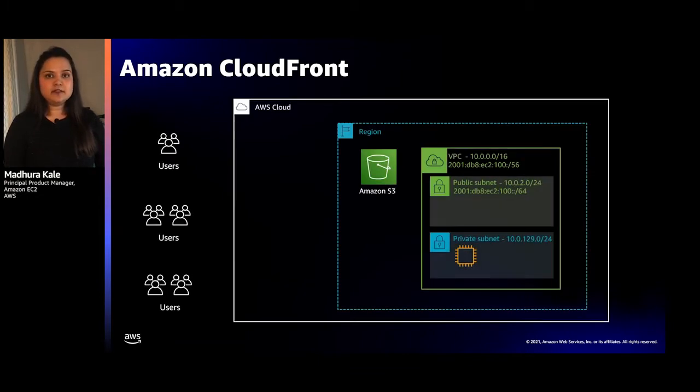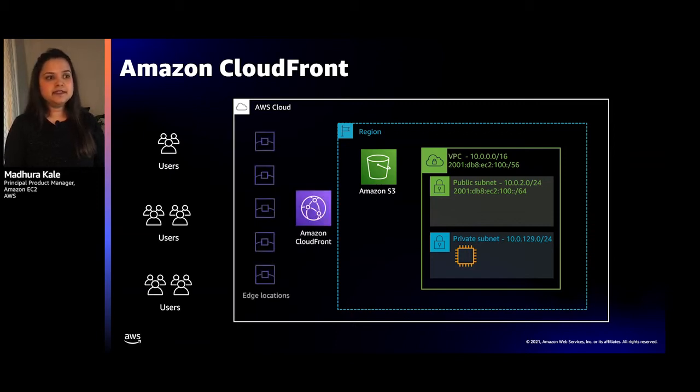We have Amazon CloudFront, which is our content delivery service that helps you minimize your latency for any file downloads via a network of more than 275 points of presence around the world. What Amazon CloudFront does is it creates caches of files and content you want to serve at these several edge locations. So it minimizes latency and gets you faster download time for your users, getting better performance.